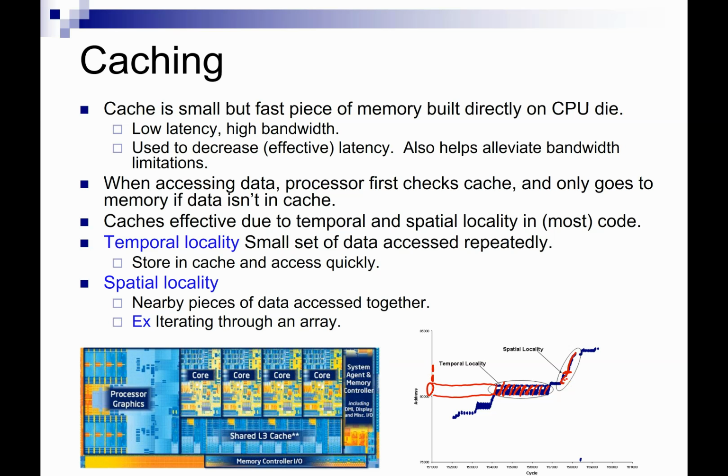Let's say that this load happens over here. But again, when you load, you don't just load one value, you load multiple values. So the following accesses can again get their data from the cache. Whenever you have these two types of locality in your code, the cache can actually help you get much better performance.